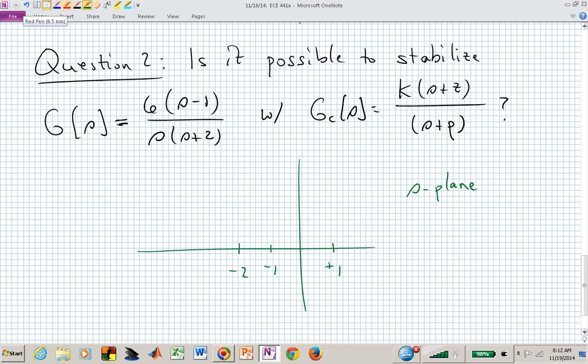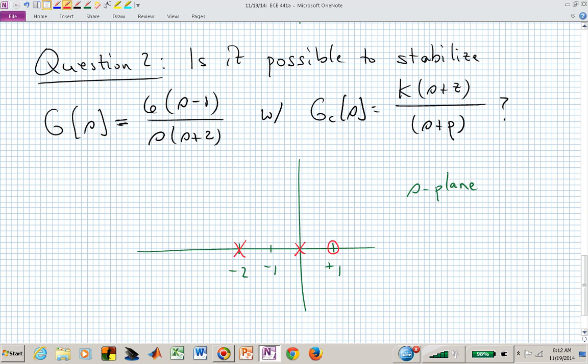So we're a little bit mixed on this one, and this one is a little bit more challenging because we haven't really talked too much about it. We haven't changed the open loop system. We still have a zero in the right half plane. We have a pole at the origin, and we have a pole at -2. And with a positive gain controller, we can't do that, can we?